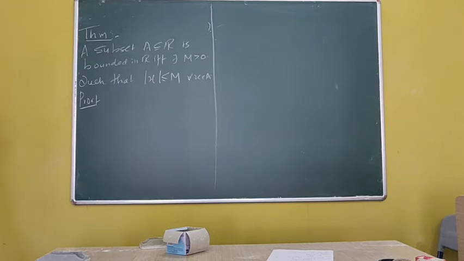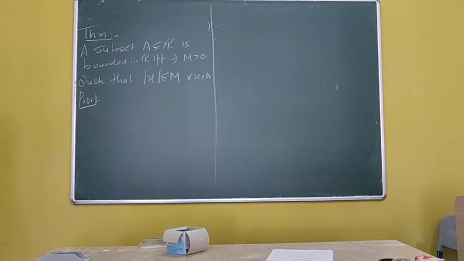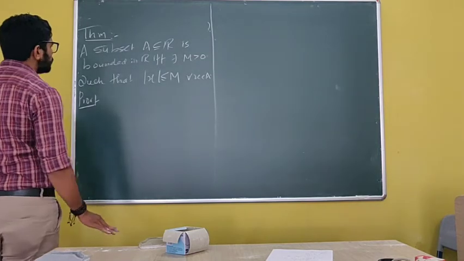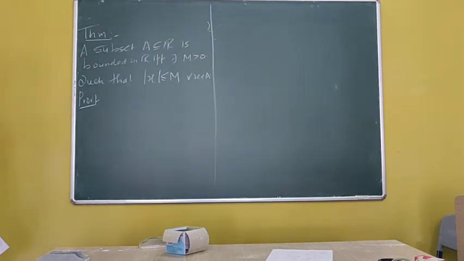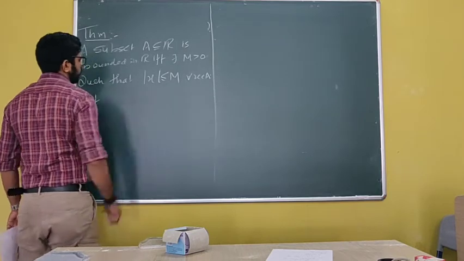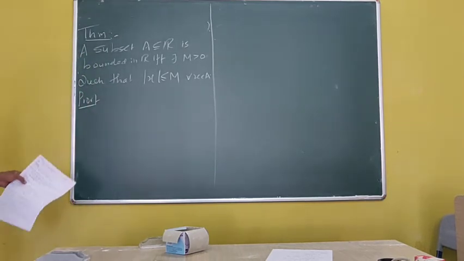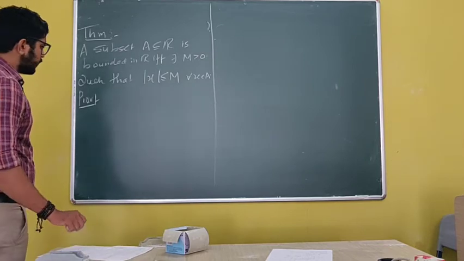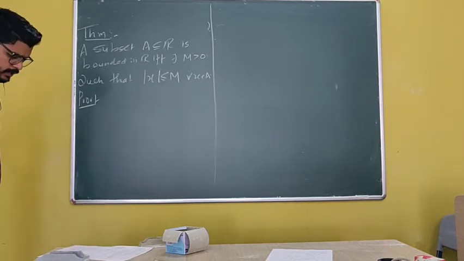Okay, let's look at this proof. There are two parts here. If it's bounded, then this is true, and if this is true, it's bounded, right? Both ways we have to do it. So let's get this idea quickly without wasting much time.